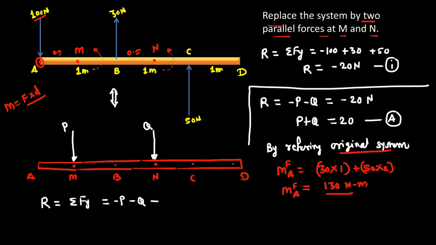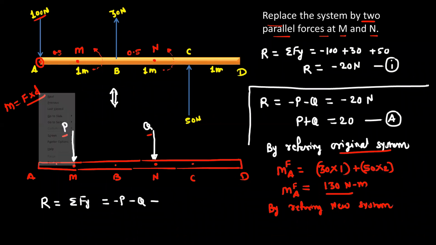Okay. Now refer to the new system, which consists of two parallel forces P and Q. So by referring to the second system, again we should take the moment about the point A, because the moment effect should not change between the original system and the new system.